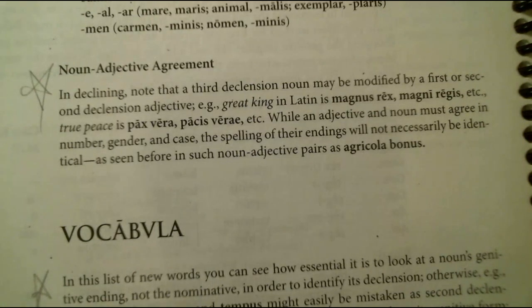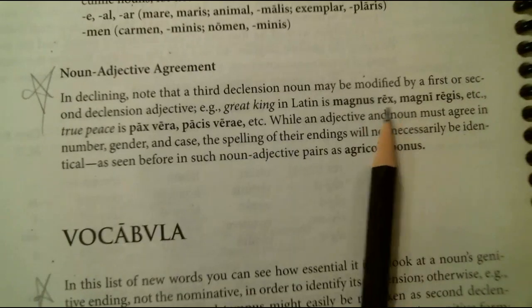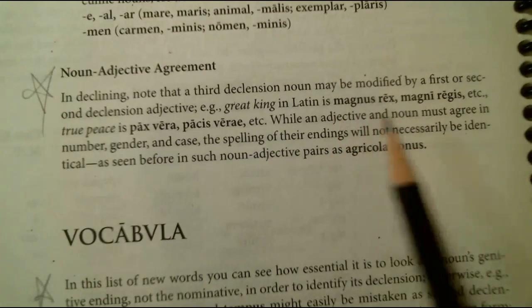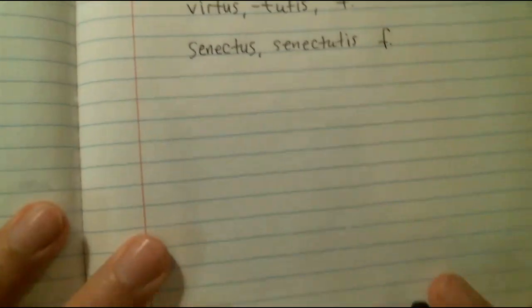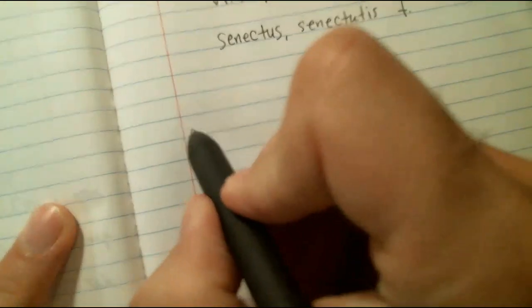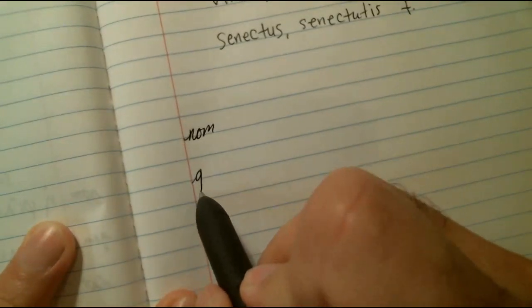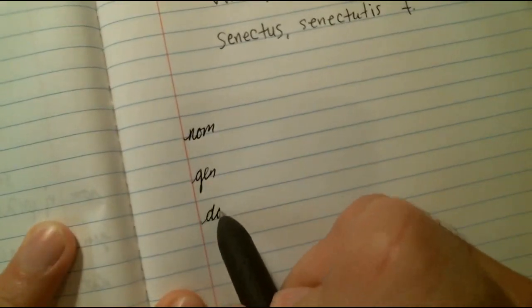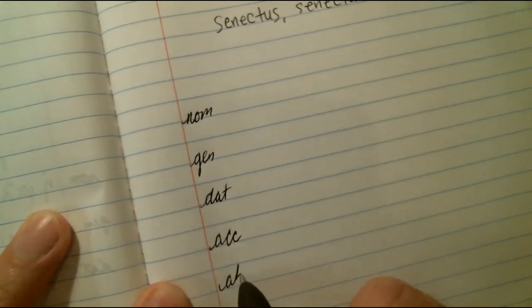Okay, onward we go. Let's go ahead and decline rex, magnus rex. We will do that together. This will be a fun review, and then we'll take a look at page 495 too. All right, so we'll get our declension here. So we have nominative, genitive, dative, accusative, and then ablative.